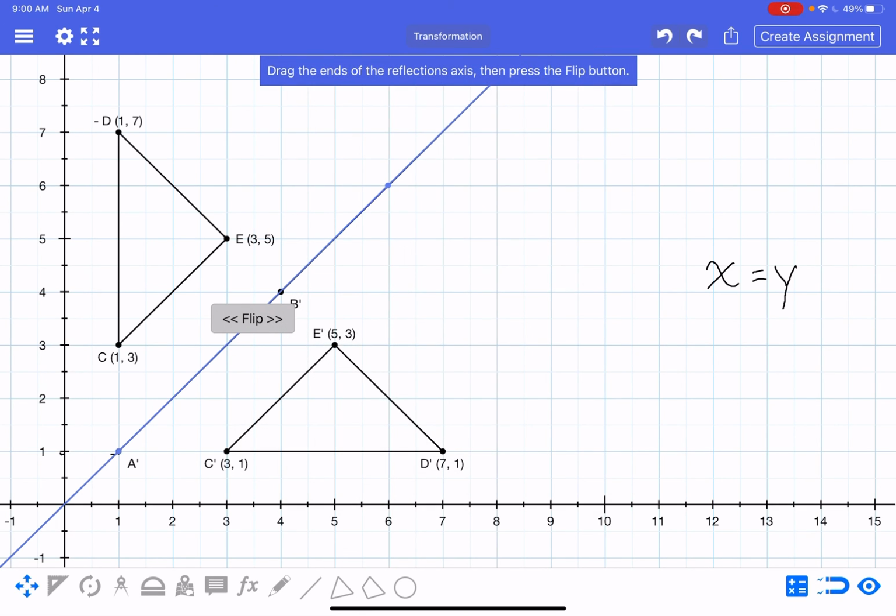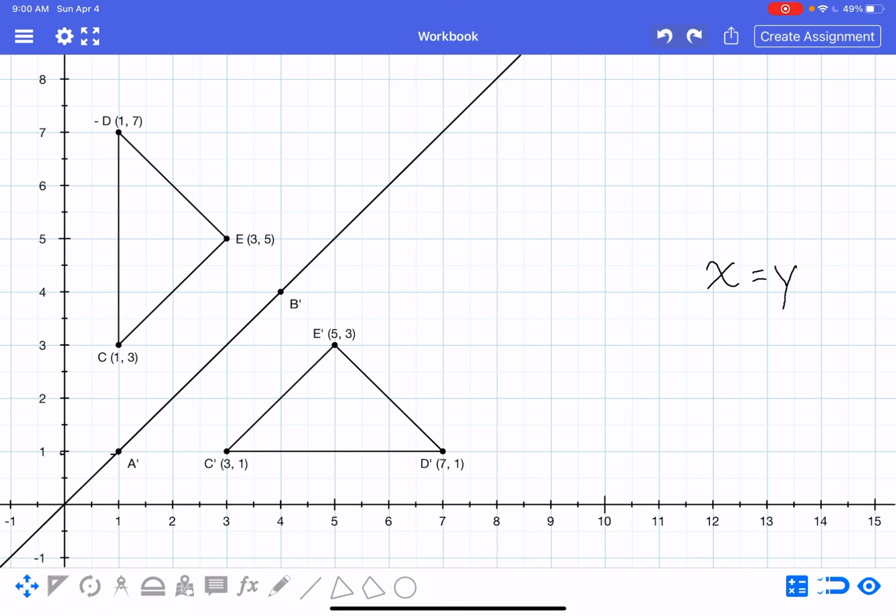So you can see that the coordinates flip, right? So if I take my pointer, here is 3 and 5 for E, and then 5 and 3. Okay, and I think you get it. So there's 1 and 7, 7 and 1. Why does that happen? Well, because the line of reflection produces that result.